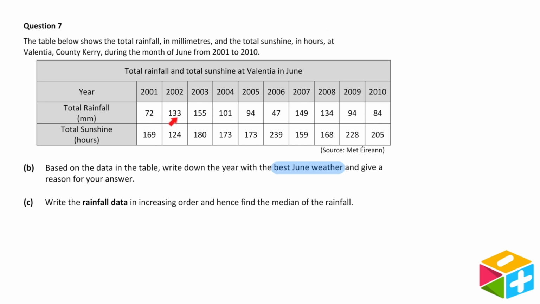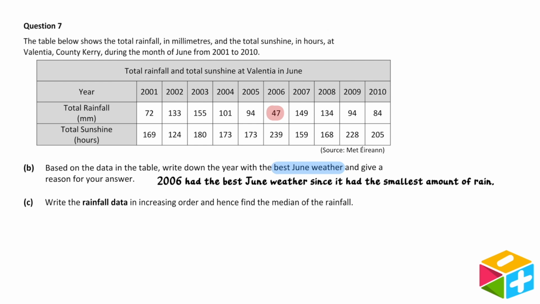If we scan through our rainfall data, we'll notice that the smallest value is 47, and this occurred in 2006. So we could argue that 2006 had the best June weather since it had the smallest amount of rain. There's several other approaches you could have used here, and as long as you justified your answer with data from the table, you would have gotten the marks.